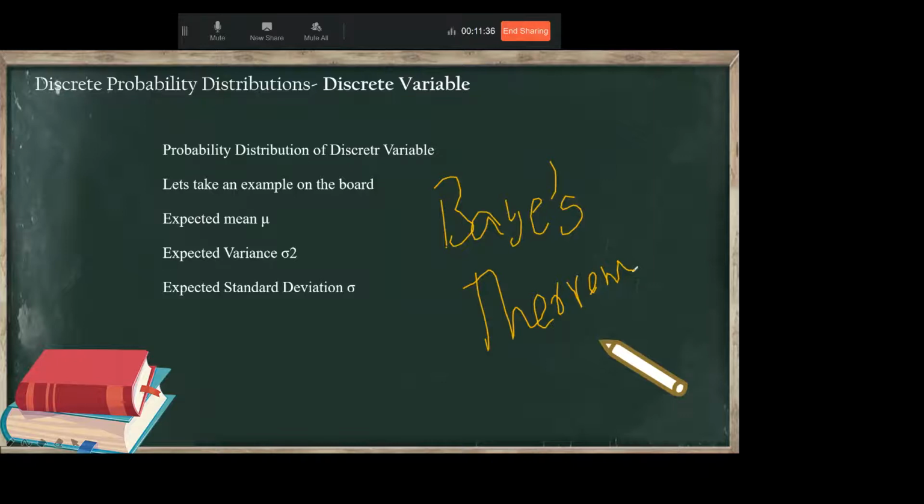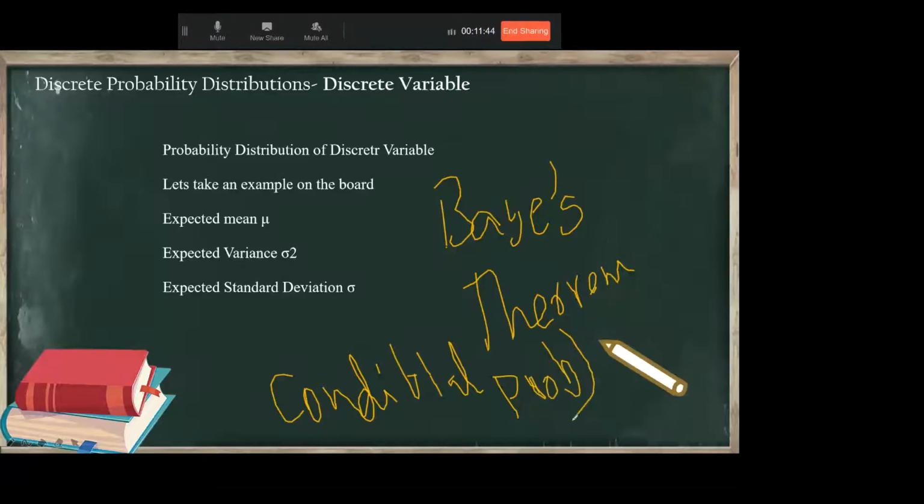You know about conditional probabilities. It is an extension of conditional probability. It uses previously calculated probability by using a Bayesian analysis. It is also known as a revised probability.